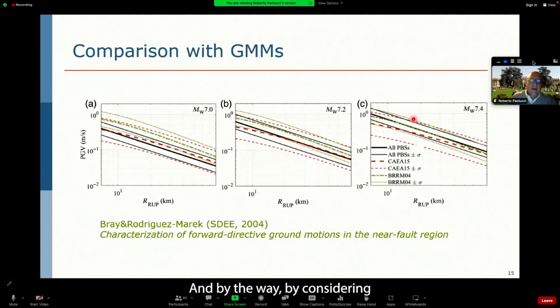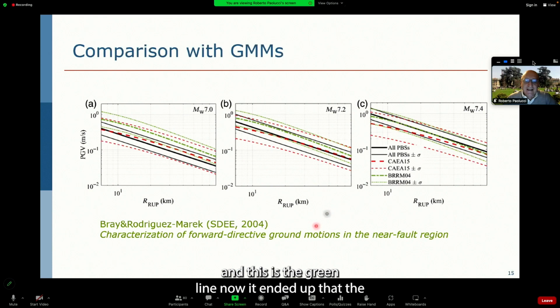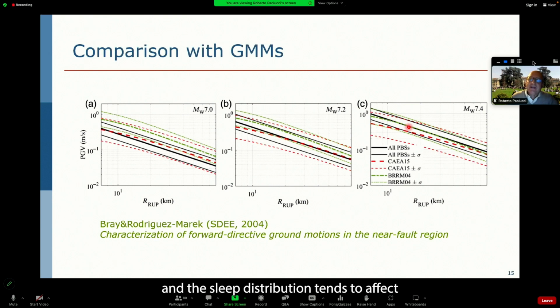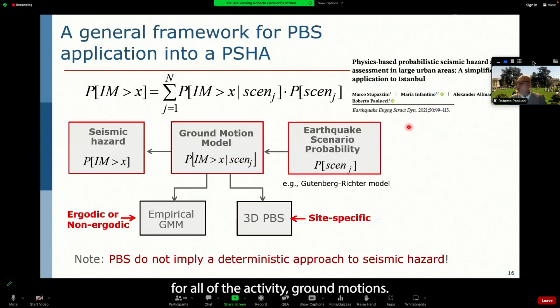And by considering a ground motion model devised specifically for forward directivity ground motion by Bray and Rodriguez-Marek, the green line now, the results of these numerical simulations tended to agree with the forward directivity ground motions, confirming that the slip distribution tends to affect different branches of the fault, so we may have, in general, a more probable occurrence of forward directivity ground motions.